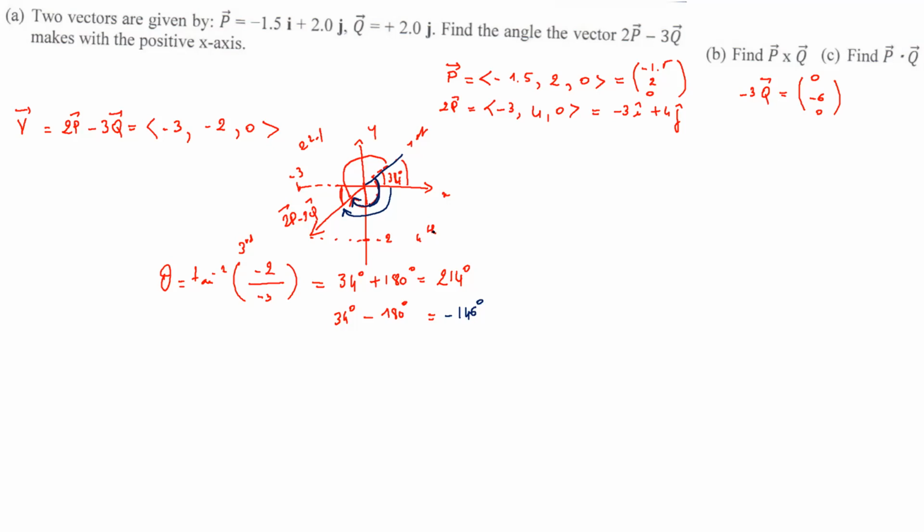Okay, so there are two ways to reach the same angle. Either I go positively or negatively. So this is my X, this is my Y axis. My vector is here.